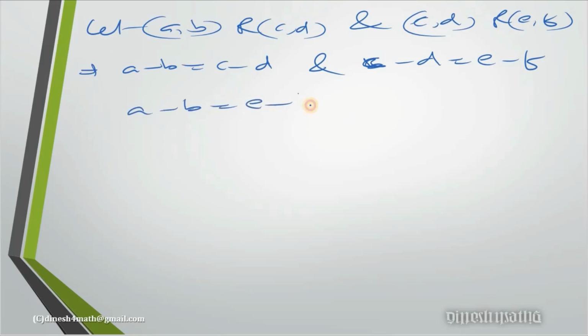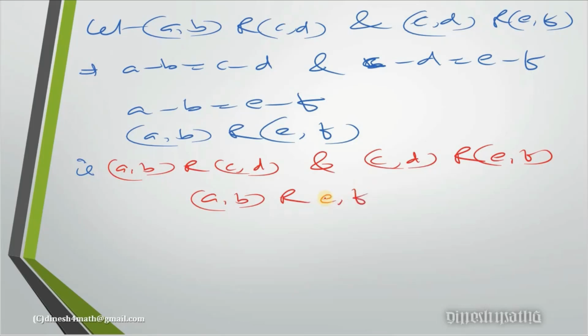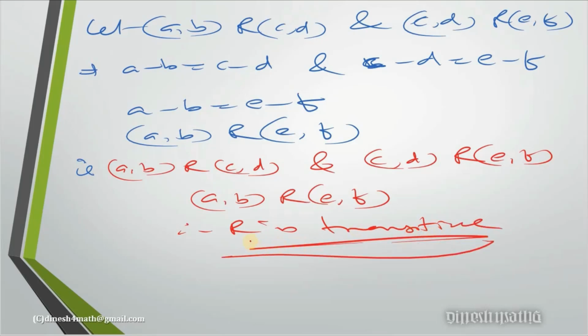A minus B equal to E minus F. So (A, B) is related to (E, F). That is what we got. See, if (A, B) is related to (C, D) and (C, D) related to (E, F), we are getting (A, B) related to (E, F). Therefore, R is transitive. Since the relation is reflexive, symmetric and transitive, the relation is an equivalence relation.